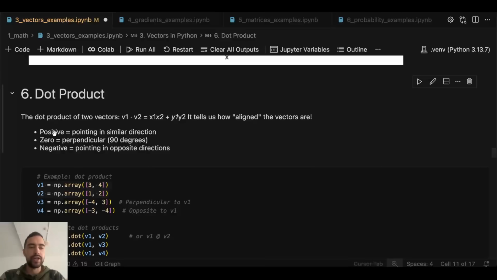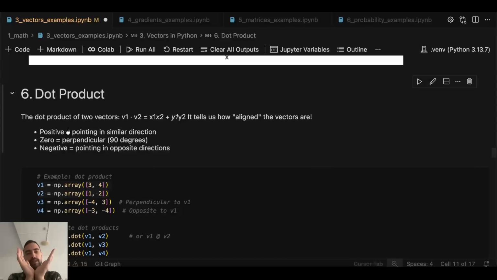So if our number is positive, like 11, then they are pointing in the same direction. If the two vectors are perpendicular, a 90-degree angle between them, then the dot product will be 0. So if you get a dot product of 0, you know that these vectors are perpendicular, and this is useful in the Muon optimizer. This may be the new way to make neural networks learn a lot faster and better.